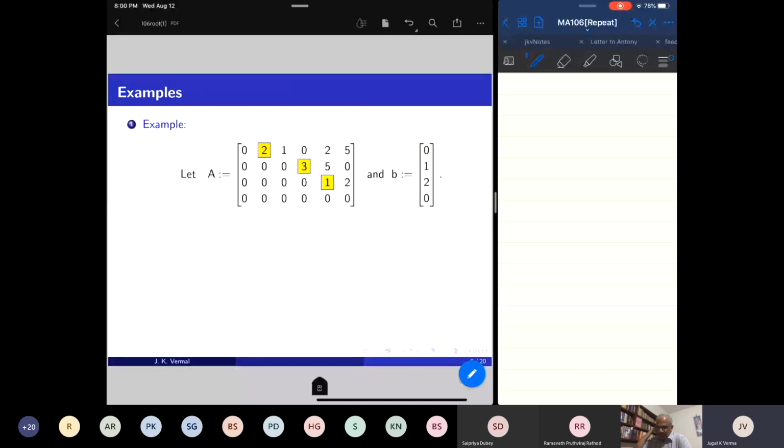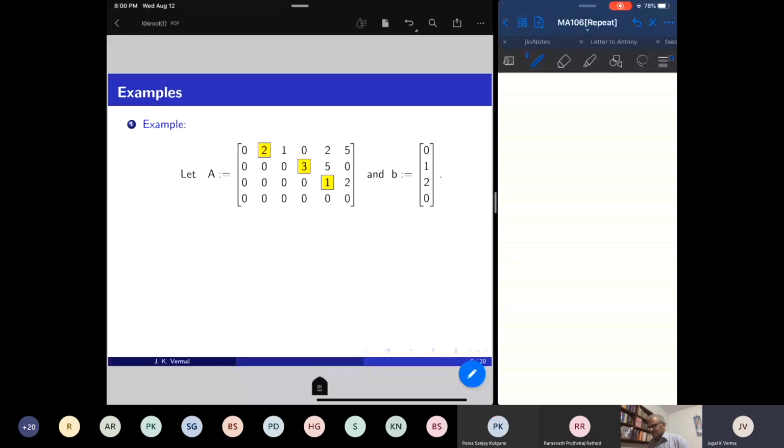So let me show you an example. There were just lots of notations here. This will become clear. Suppose this is my matrix in row echelon form. First you have to check that it is in row echelon form. Here there are 4 equations and 6 unknowns, and there are 3 pivots.